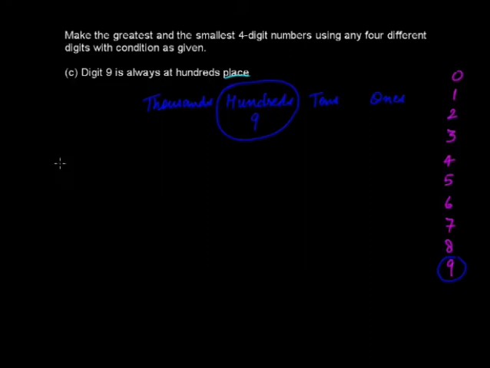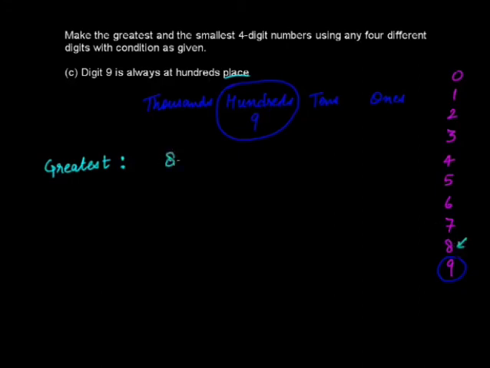Let's look for the greatest number. Now, since 9 is always at the hundreds place and we cannot use it at the thousands place now, it's fixed, and therefore ignore it, forget it. Look for the next greatest digit. Next greatest digit is 8.